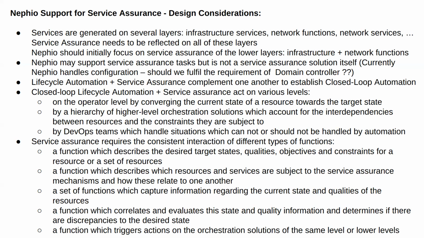With my first user story, I would be focusing on the second bullet point. That means a function which describes which resources and services are subject to service assurance mechanisms and how they relate to one another.